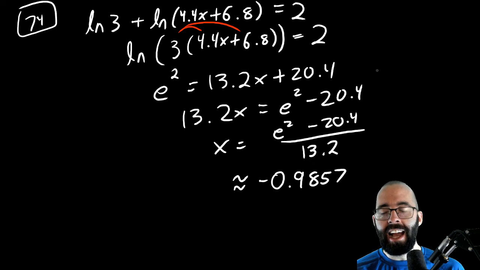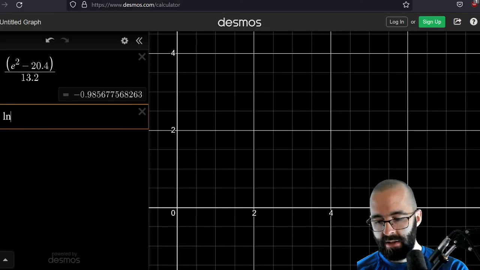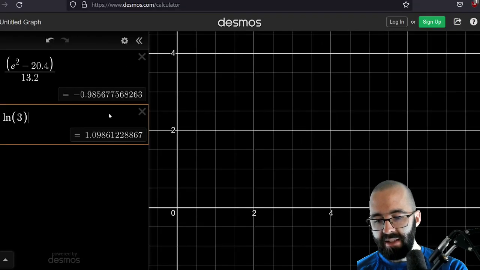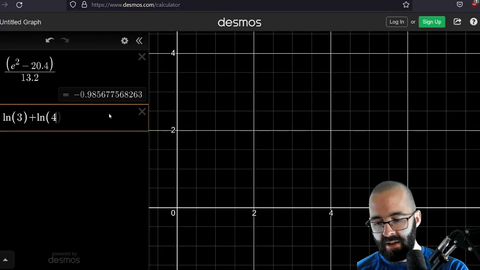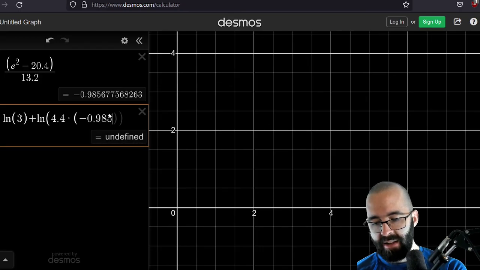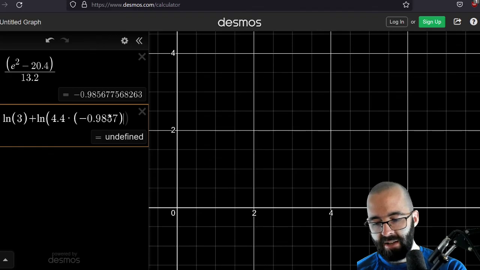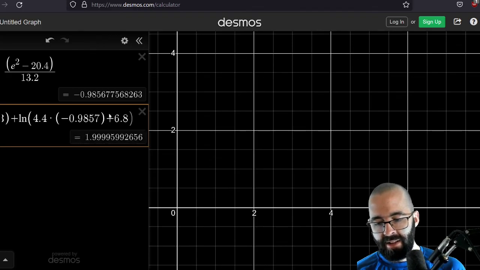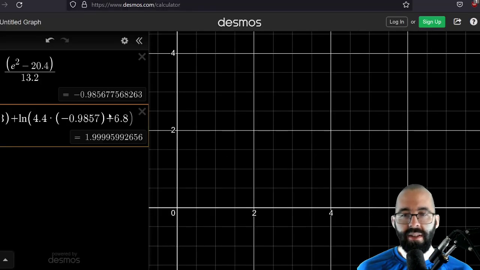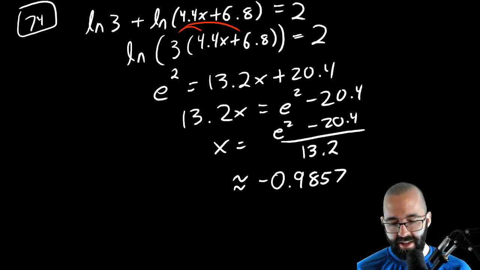The left-hand side is the natural log of 3 plus the natural log of 4.4 times x, which is about negative 0.9857 plus 6.8. That was supposed to be about 2. And you can see, yep, it's about 2. And we're good to go.